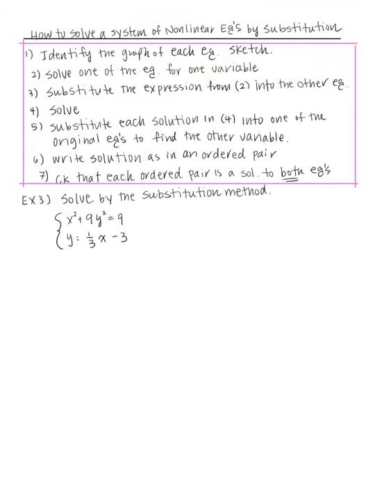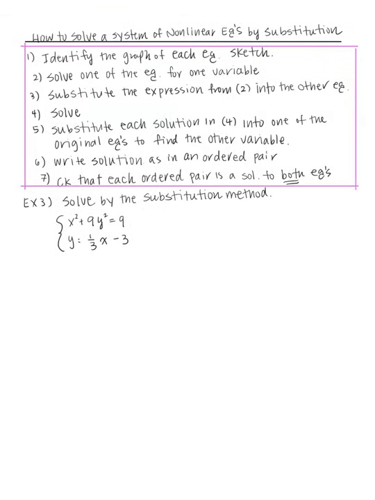So let me divide everything through by 9. Then we have x squared over 9 plus y squared over 1 equals 1.